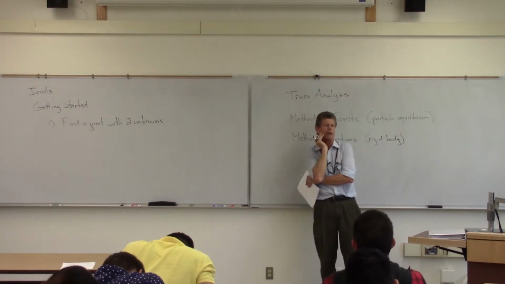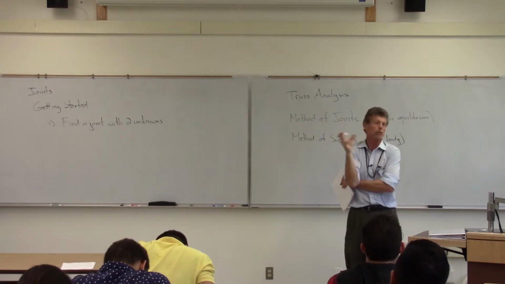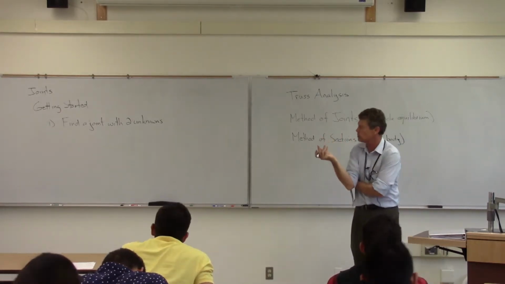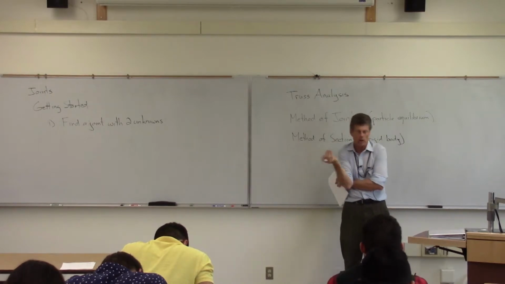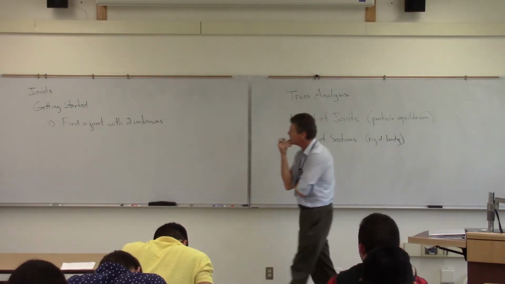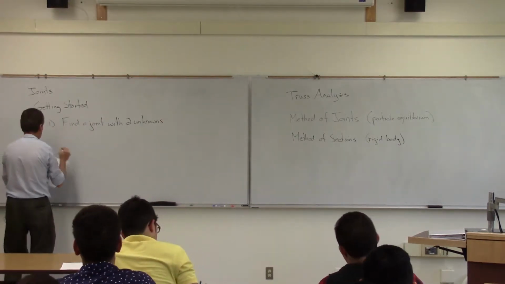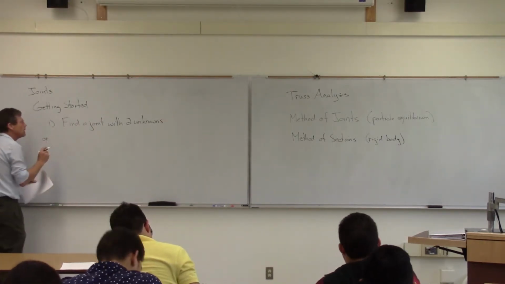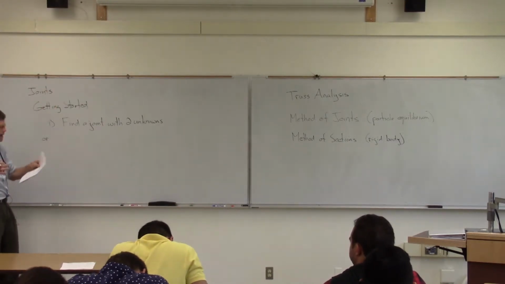How many equations do I have available to me in particle equilibrium? Just two. Sum of forces x, sum of forces y. So if I have a joint with three unknowns, I can't solve anything at that particular point. I can't solve the three unknowns there. We may find a structure that doesn't have one, and we can't go out and find one.